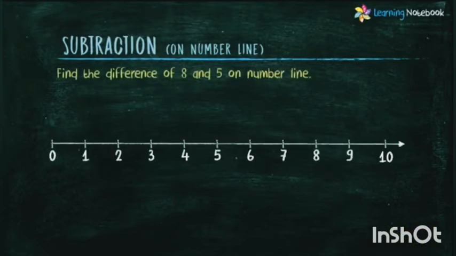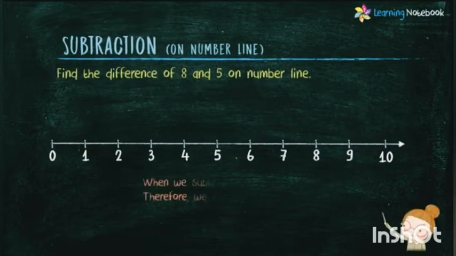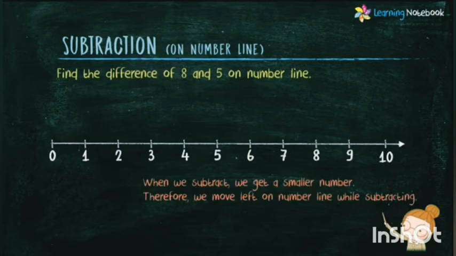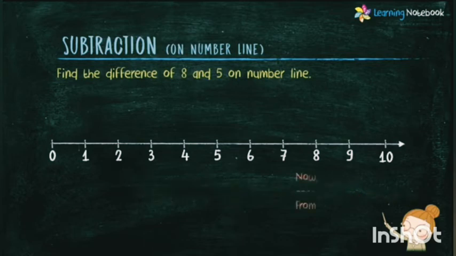Let us see how to do subtraction on the number line. Find the difference of 8 and 5 on the number line. Students, for subtraction we will move left on the number line because when we subtract, we get a smaller number.